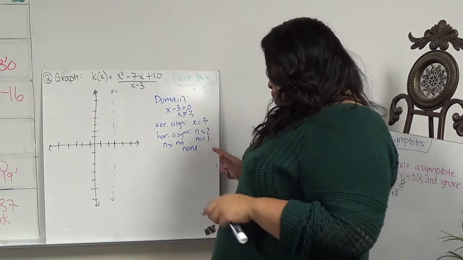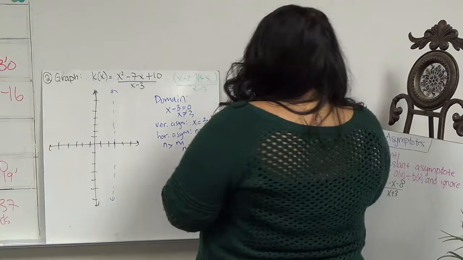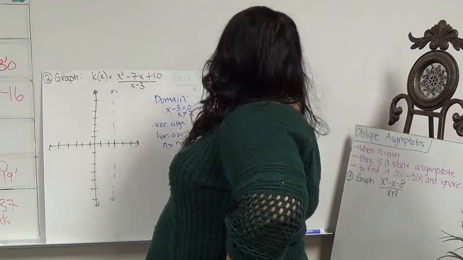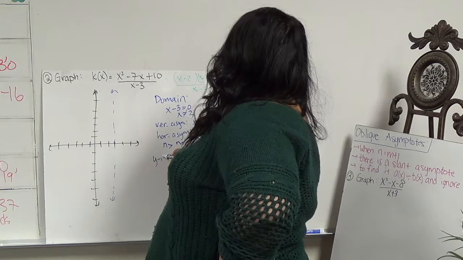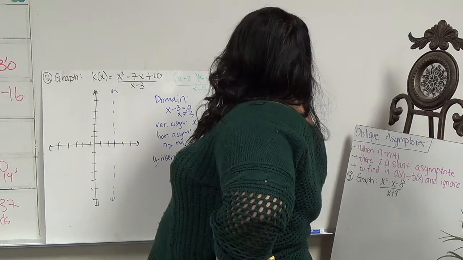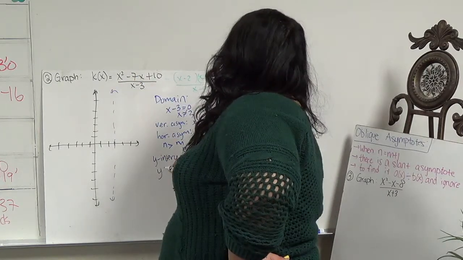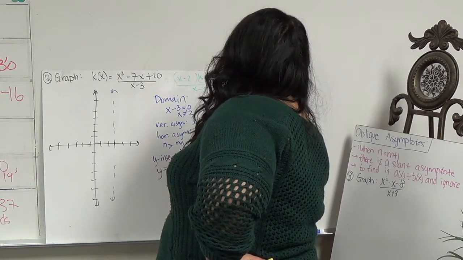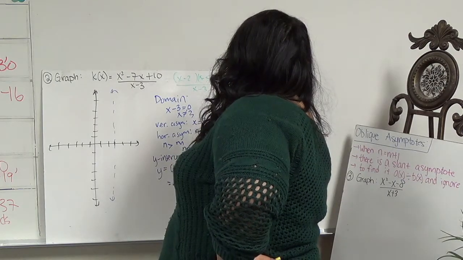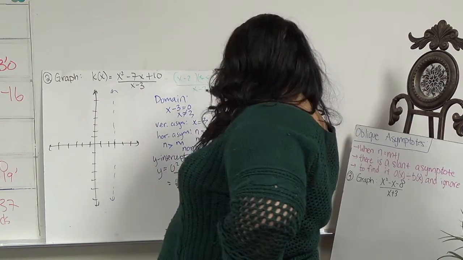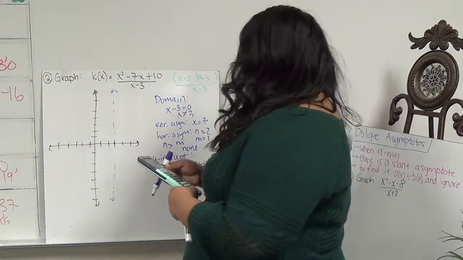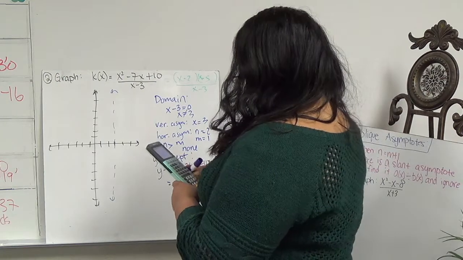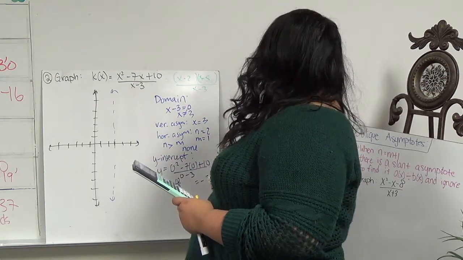Okay, our next step, we found and sketched the asymptote, then we have to find and plot the intercepts. So the y-intercept is when I put in 0 for x, so 0 squared minus 7 times 0 plus 10 over 0 minus 3 equals 10 over negative 3, which gives us about negative 3.3.